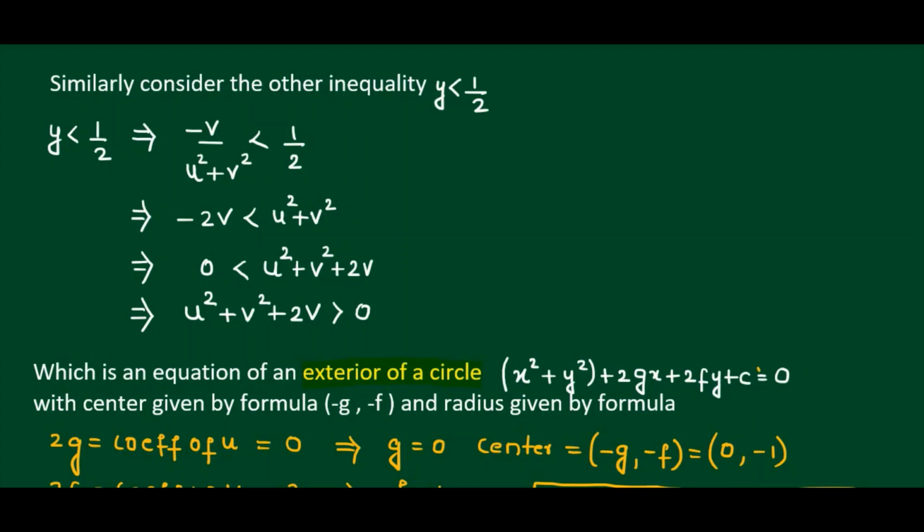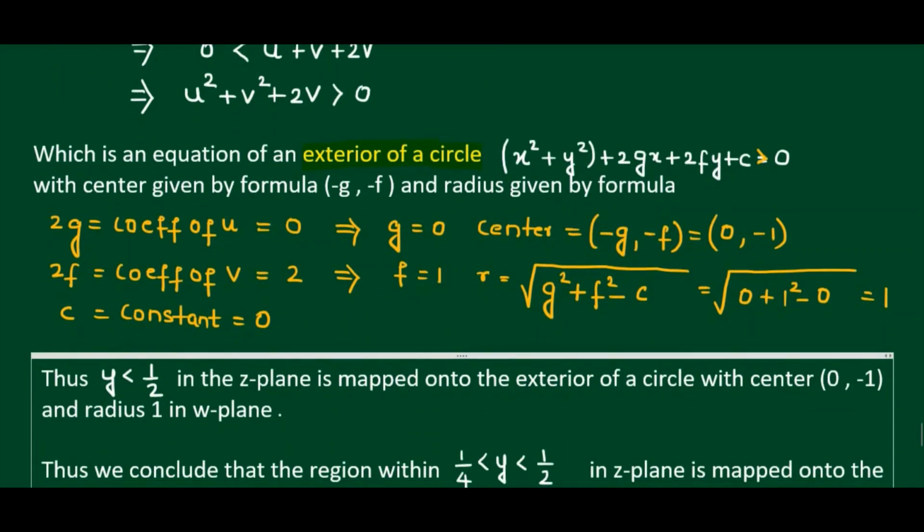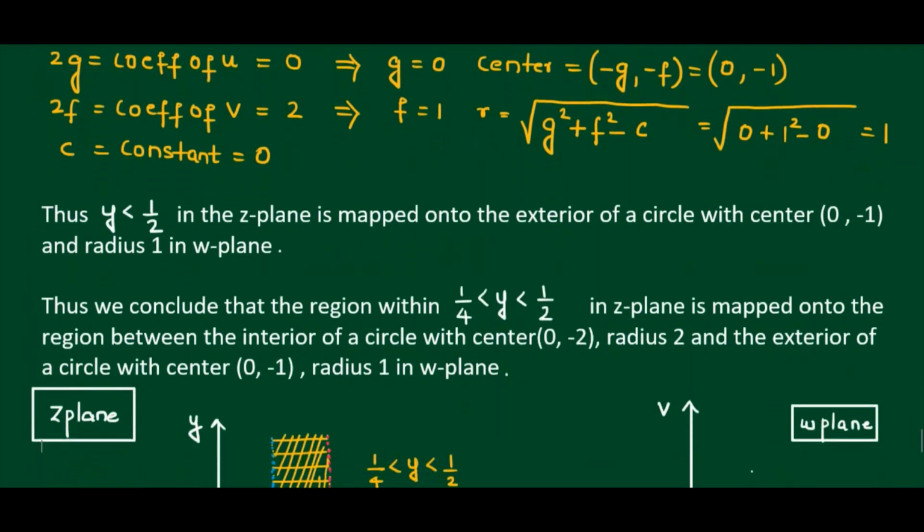Here it is greater than 0. Which is nothing but an exterior of a circle. You can compare and find 2g, 2f and constant, and find center and radius as well. Thus, y less than 1 by 2 in the z plane is mapped onto the exterior of a circle with center 0, minus 1 and radius 1 in the w plane.